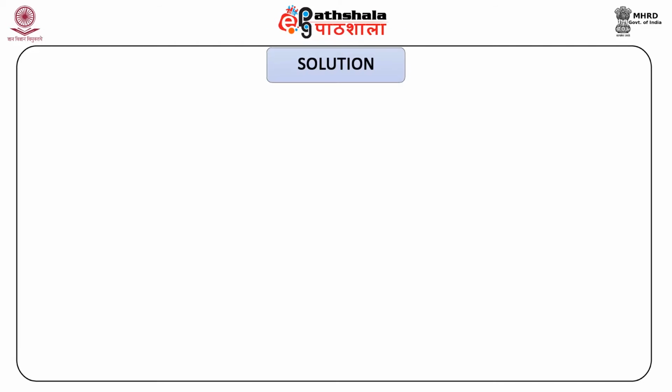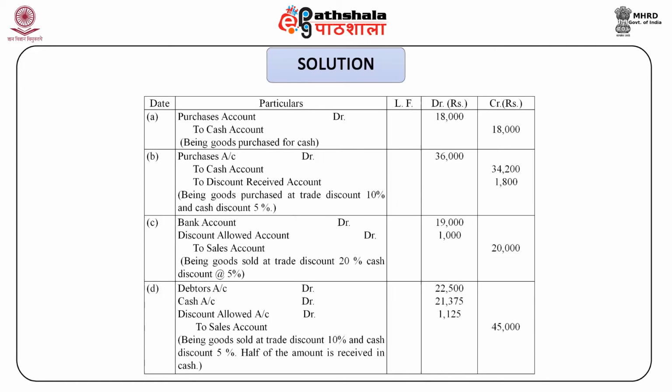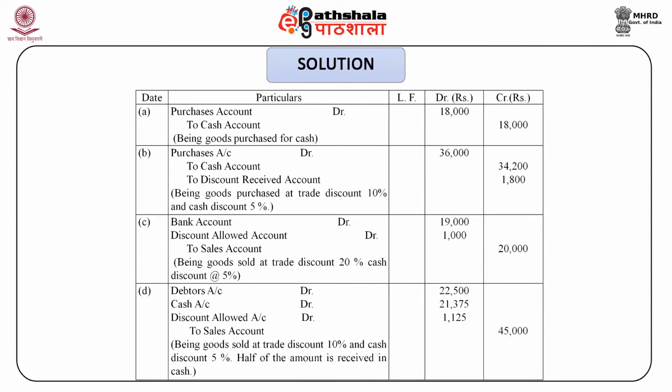The entries to these transactions can be passed as A. Purchased goods for cash from Sanjay with MRP of Rs 20,000 at terms 10% trade discount. The entry would be purchases account debited to cash account by 18,000 rupees.